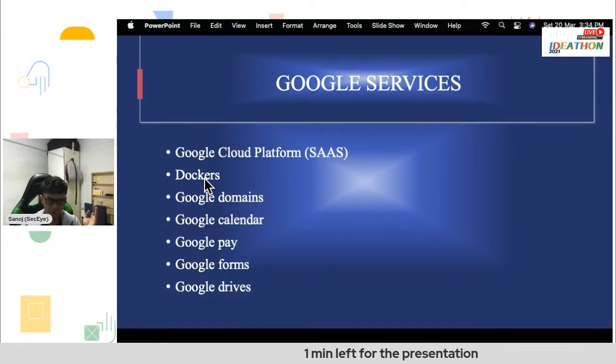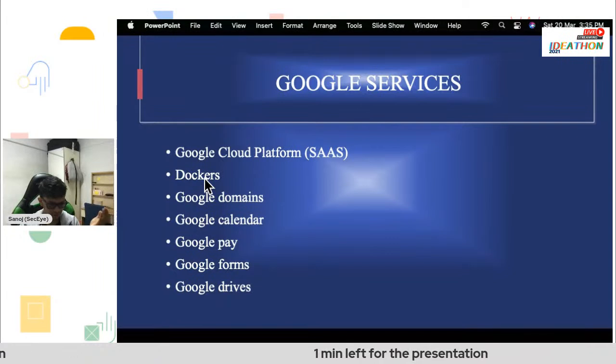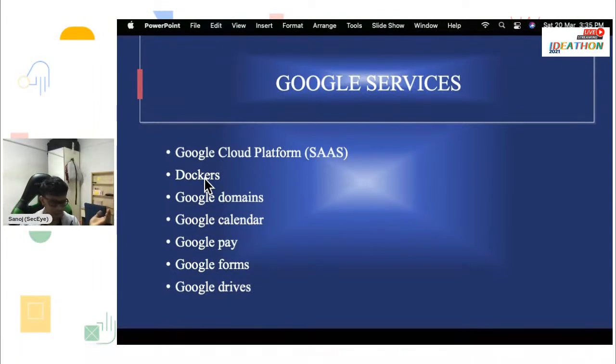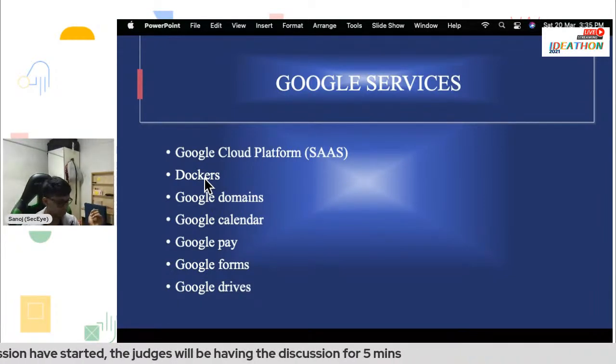In future, maybe we'll use IaaS. And Docker services, because we need multiple people to get the same access. Google Domains, because of the website we are using, and social media marketing. Google Calendar, Google Pay for doing the payments, and Google Forms to get feedback and improve ourselves in future. And Google Drive too, as I mentioned, for the handbooks. Especially, I am planning to use Google Drive for that.